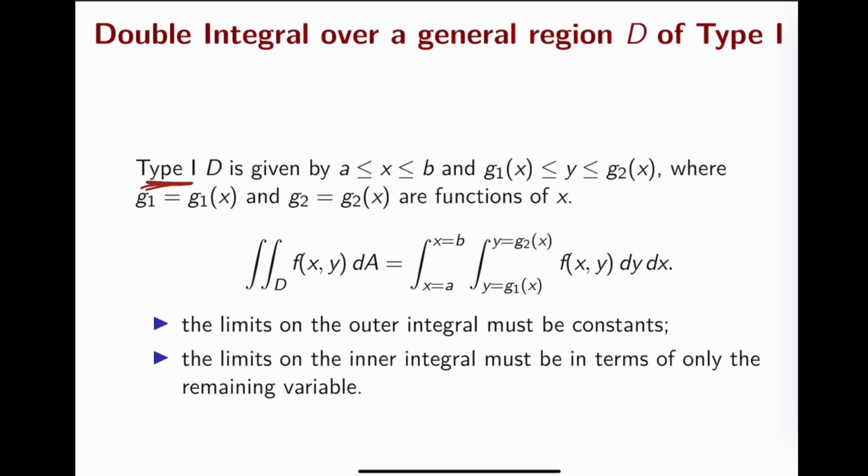A domain is going to be of type 1 if x varies between two constants, a and b, and y varies between two functions, g1 and g2.